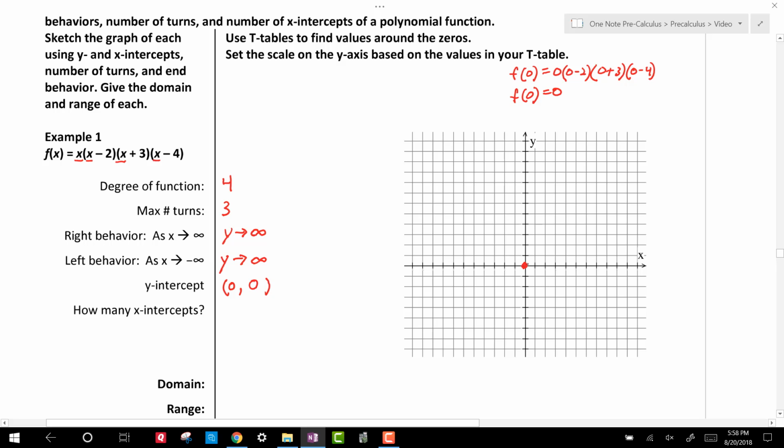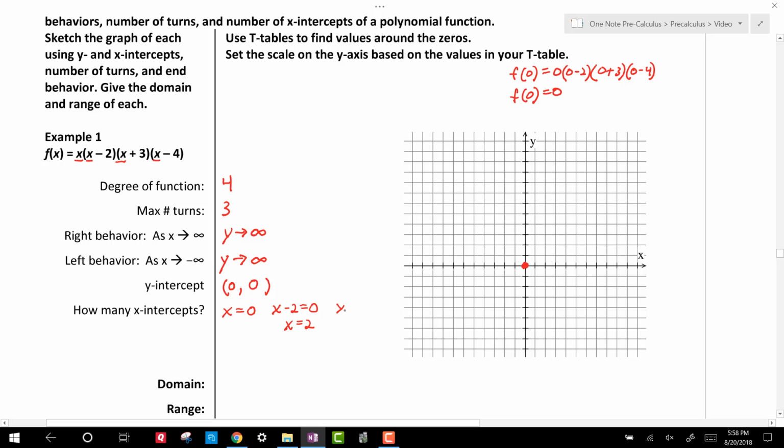I'm going to graph that guy right away since we're going to sketch this. How many x-intercepts are there? In order to find your x-intercepts, you have to take your factors and set them equal to 0. So let's do that. My first factor, x, equal to 0. My second factor, x minus 2, equal to 0. We solve that, we get x equals 2.